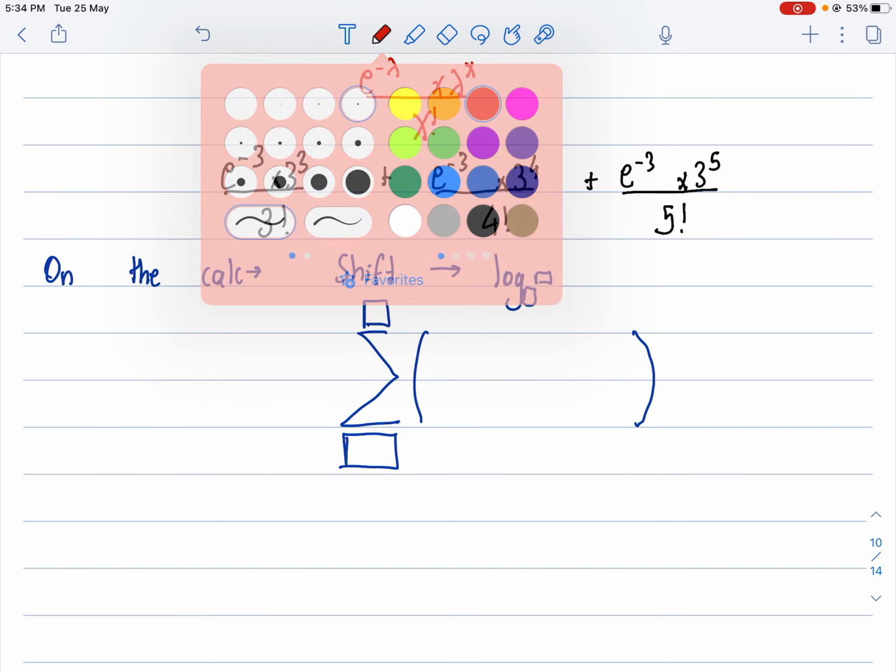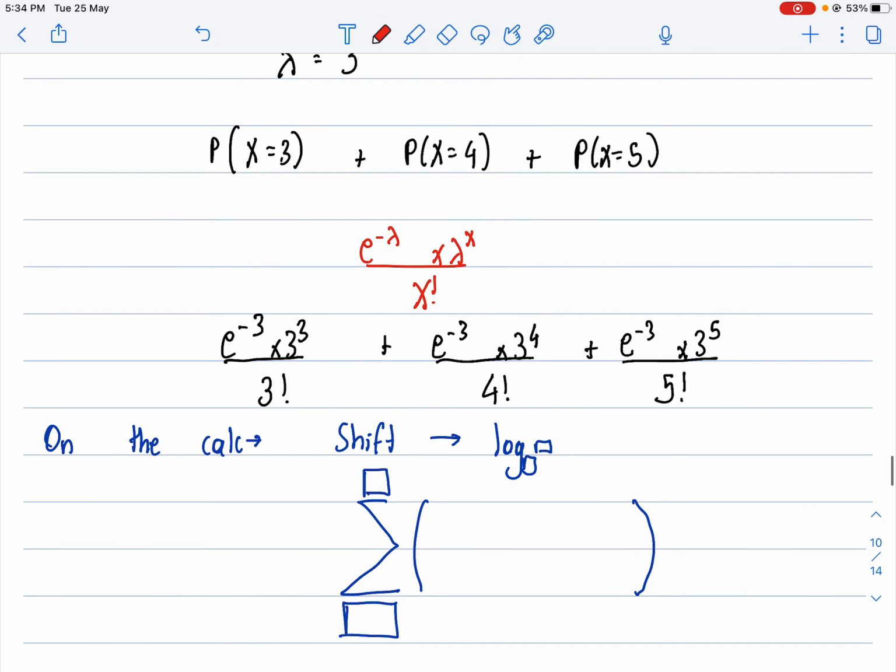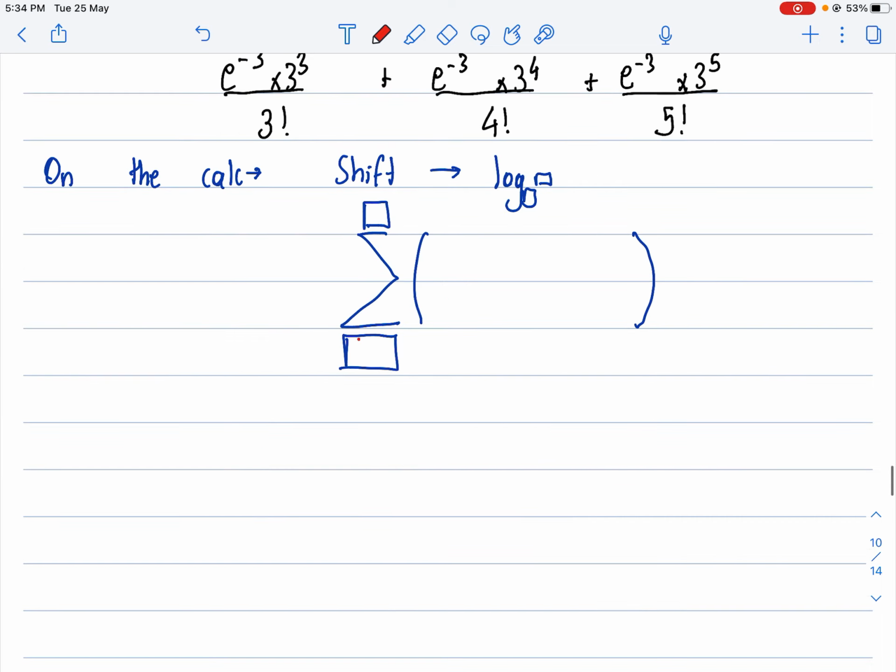Now if you see, you're basically calculating the summation from 3 to 5 inclusive. So write 3 here, write 5 here, and write e raised to minus 3 into 3 raised to x over x factorial. X will basically take all the values between 3 to 5 inclusive, and to write an x you need to click on alpha and the closing bracket sign.